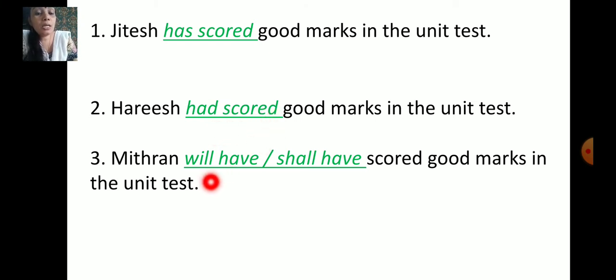Number 3, similarly, we have will have or shall have. So when we put together will have scored or shall have scored, it indicates the future. So it is in the future perfect tense. So present perfect tense, past perfect tense, future perfect tense.